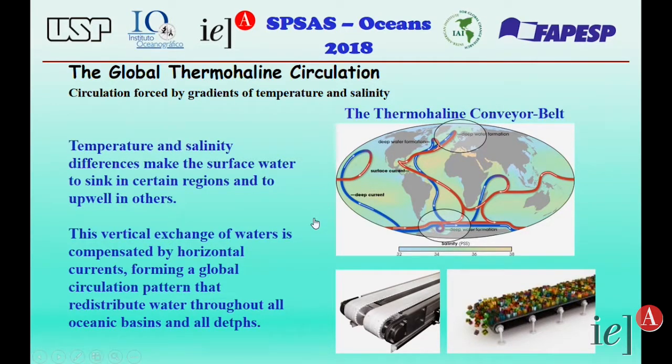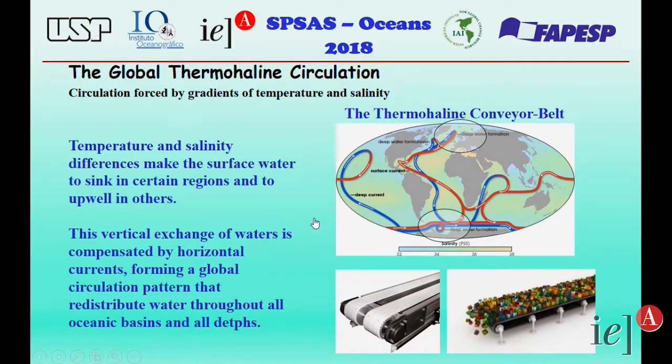So in these two regions, each one of them, 20 million cubic meters of water is sinking every second. It's a huge amount of water that is sinking at every second.